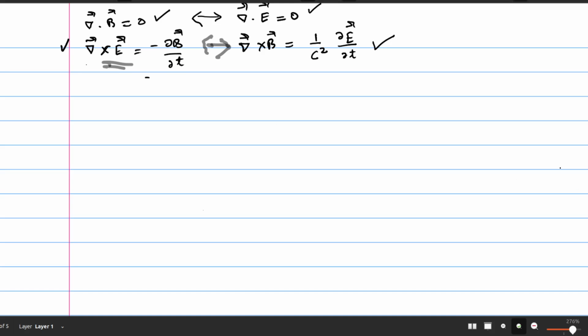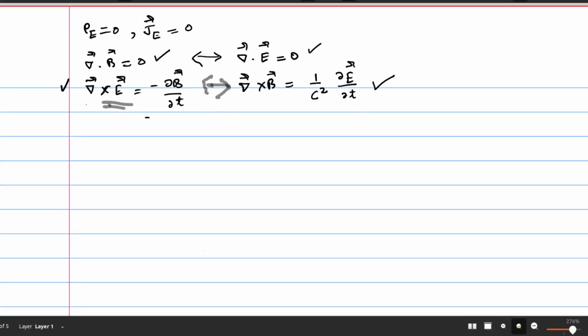In that case, if rho E is not equal to 0 and JE is not equal to 0, we introduce magnetic charge and magnetic current density as well, and write down modified Maxwell's equations.